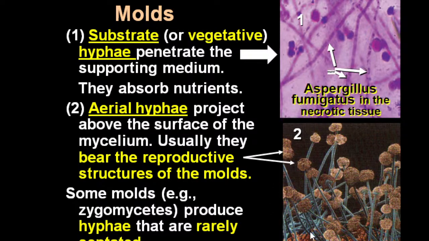It has a reproductive function. On the top of this aerial hyphae, there are some structures located that bear the cells, the spores usually, that can be used for reproduction.